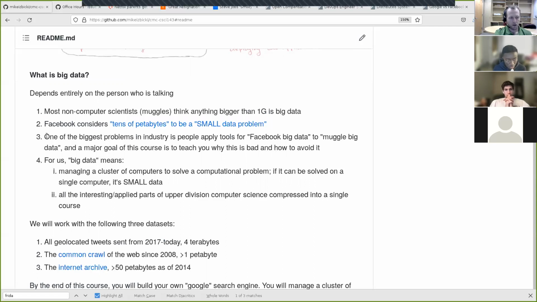We're also going to be talking about one of the really big problems in industry, and that's that people try to use the tools we'll discuss in this class, built for Facebook big data, on muggle big data.